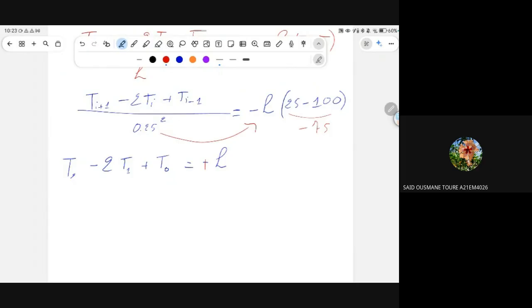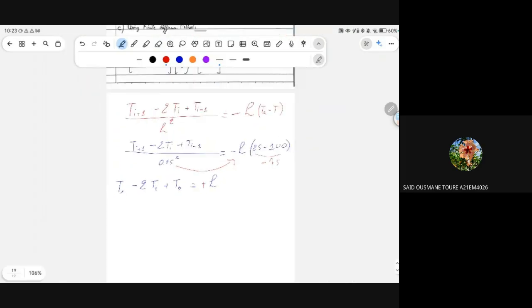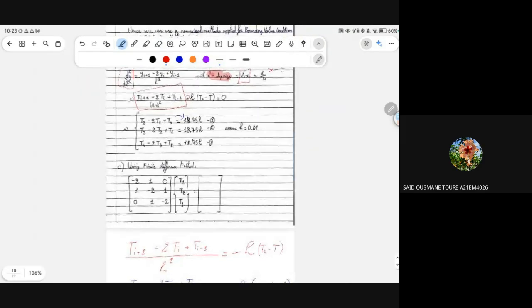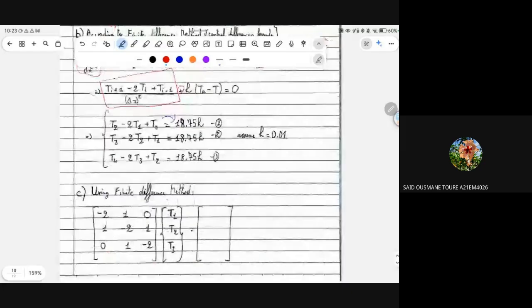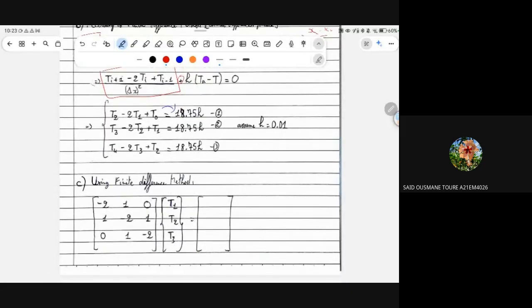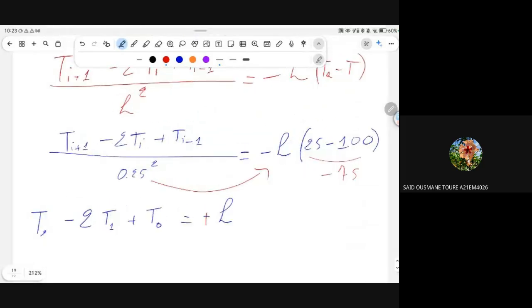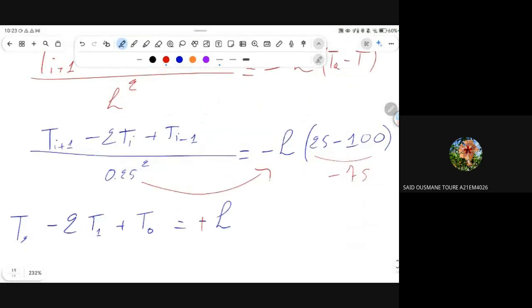Plus h, 75 times 0.25 squared equals how much, guys? I believe it's 18.75. Can you guys double check? 75 times 0.25 squared. Is it clear to everybody?